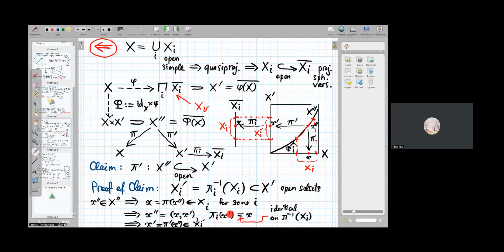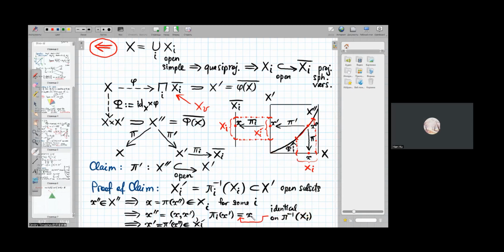So the left-hand side makes sense, and it belongs to xi bar. And also the right-hand side makes sense and belongs to xi if we consider the inverse image of xi under the projection pi on this set. On this set, this point x makes sense as the projection onto the first factor, and it belongs to xi because we consider not the whole x double prime, but only this inverse image.